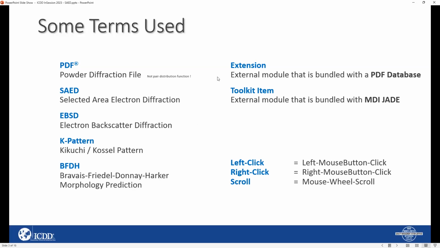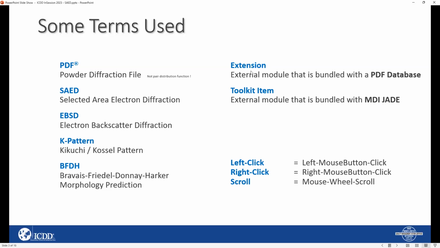In our software, we have two types of external modules. We have the extensions, or PDF extensions. Those are external modules that are bundled with our PDF database. And sometimes in our webinars, we speak of toolkit items or MDI toolkit items. Those are external modules that are bundled with our XRD analysis software, MDI JADE.